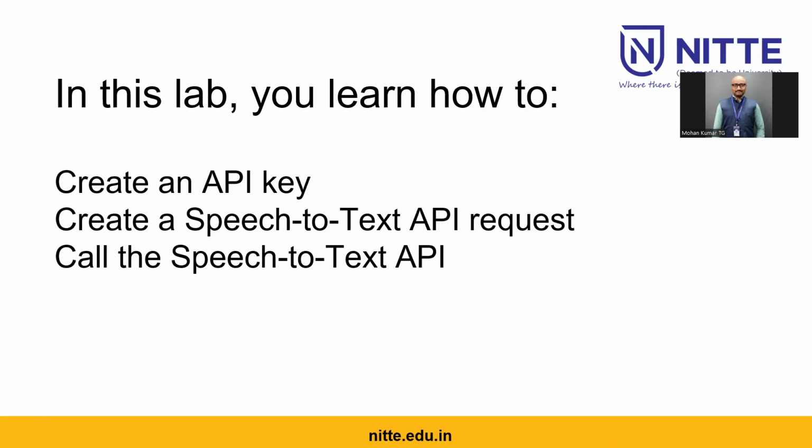In this lab, what are all the things you are going to do? First and foremost, before converting speech to text, we require an API key. We are going to create an API key. That is the first task. Then the second one, create a speech to text API request. You're going to make the request by attaching the audio file.